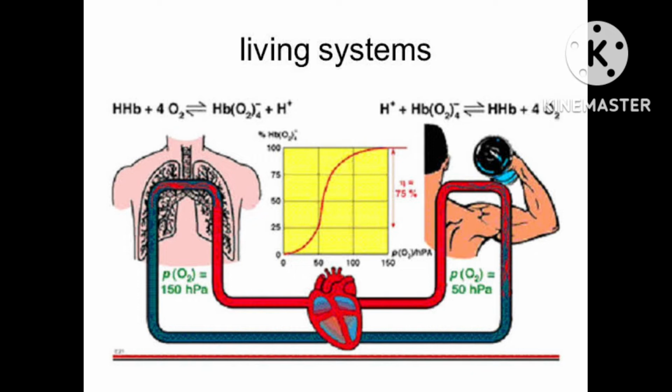If K is high, then the product will be more. If K is less, the product will be less. A very, very important point: K value more means product more, K value less means product less.